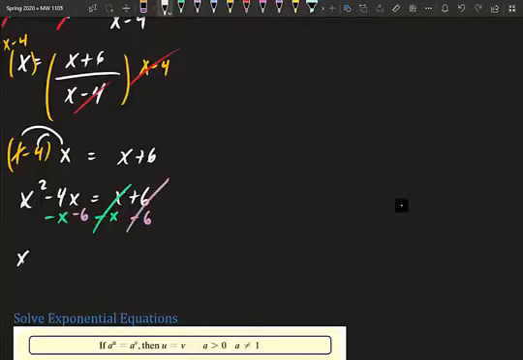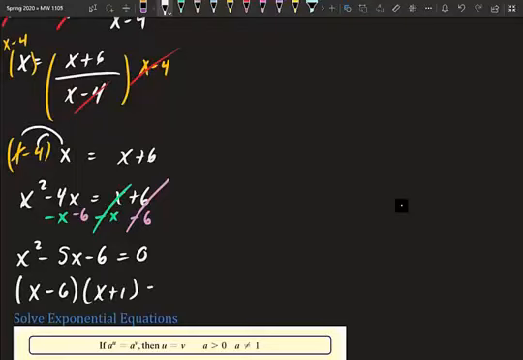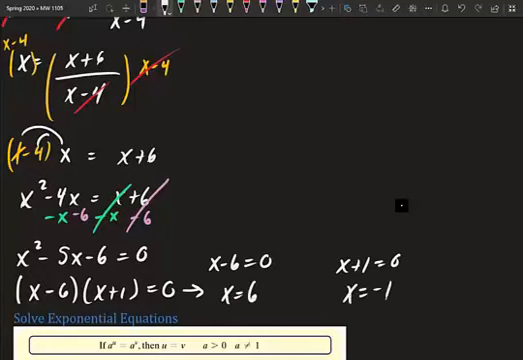So we're left with x squared minus 5x minus 6 equals 0. We can go ahead and factor this into x minus 6 and x plus 1 equals 0. That means we have x minus 6 equals 0 and x plus 1 equals 0. Or if we solve for x, we have x is 6 and x is negative 1.